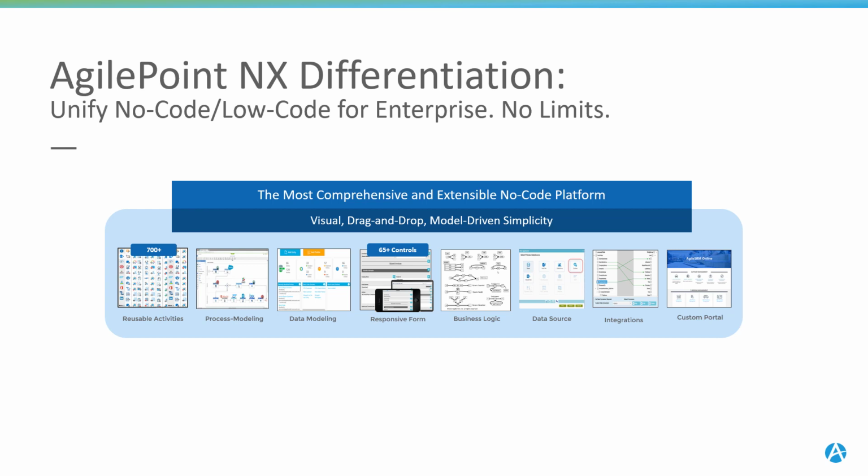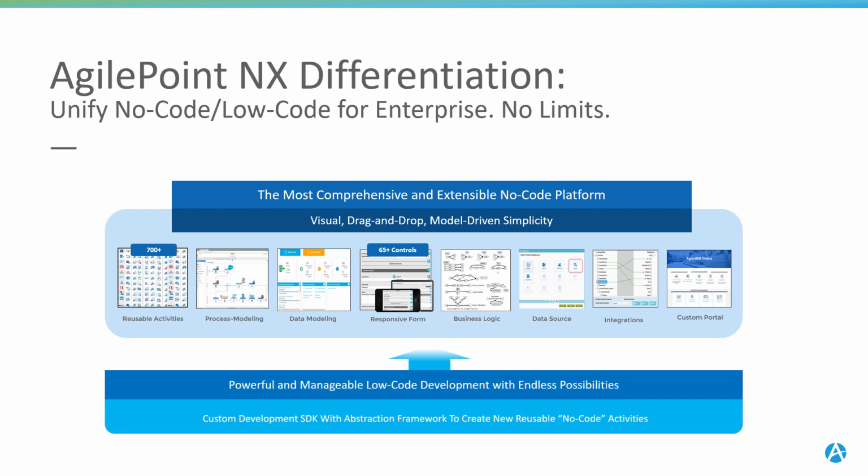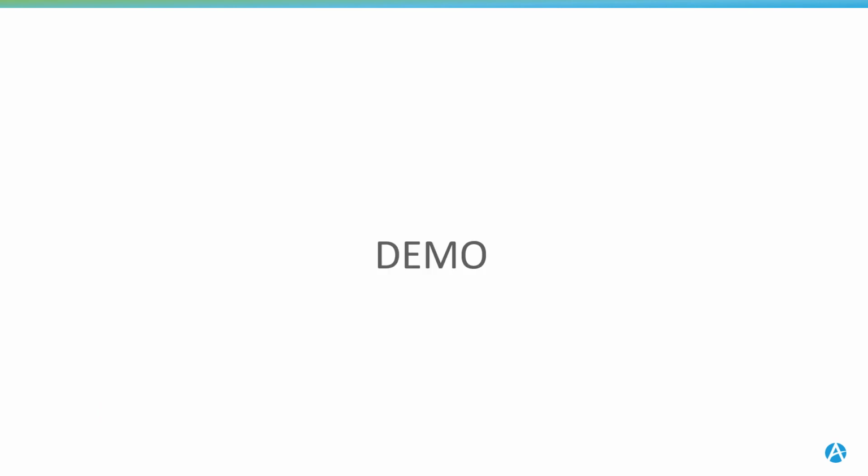I have lots of pre-built components for process logic, for user interface, to enable me to easily model the most complex of processes without writing a single line of code. And then for the developers in the room, an extension framework that enables you to leverage your intellectual property and your know-how to create additional no-code activities. Now, with that being said, let's jump into a demo.